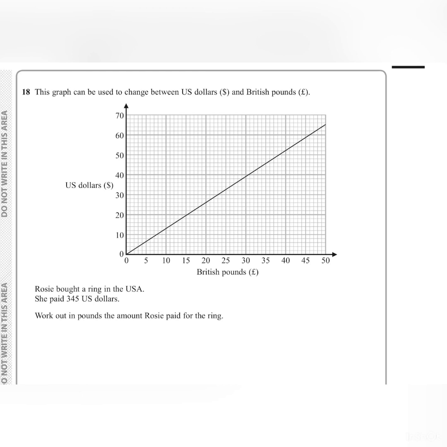Okay, question number 18, it says this graph can be used to change between US dollars and British pounds. So you're given a graph, US dollars on the y-axis and British pounds on the x-axis.